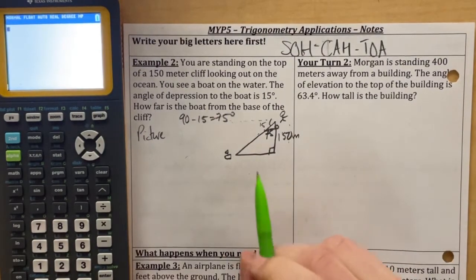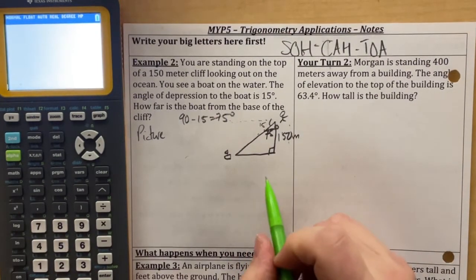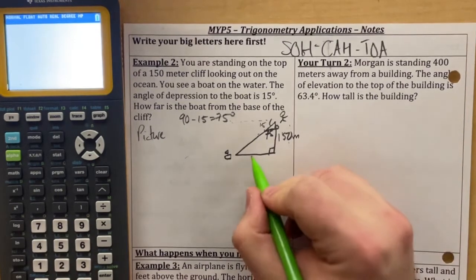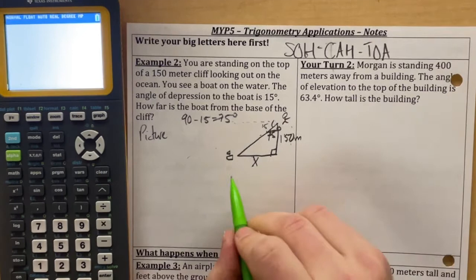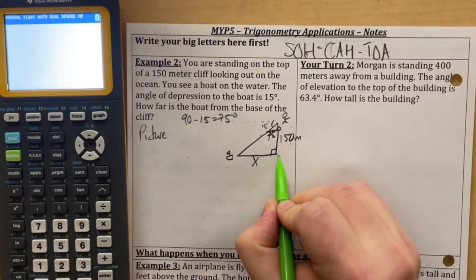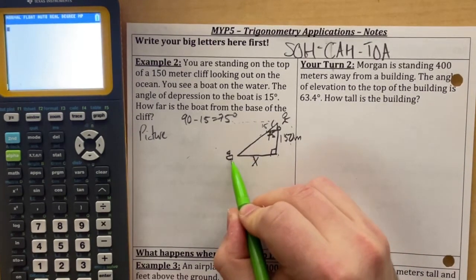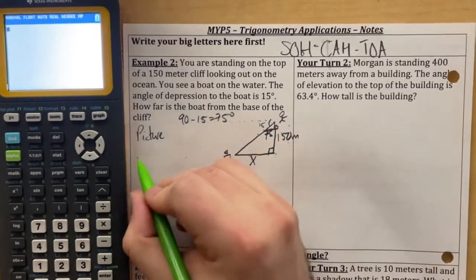And that's important because you need to be able to set this up carefully. And we're looking for this x, which is going to be our distance, from the base of the cliff to the boat. So you can set it up like this. I have my labels now.